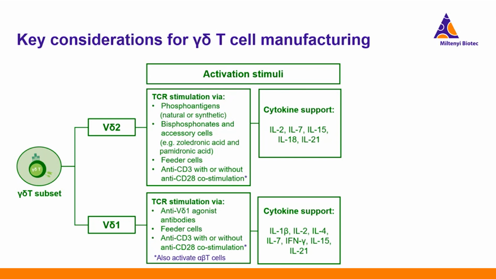However, about this approach, I would like to remark that it also activates alpha beta T cells. So when using an allogeneic starting material, this could be a risk. And besides the stimulation via TCR, of course, the cells also require specific cytokine support, like the cytokines you see here.